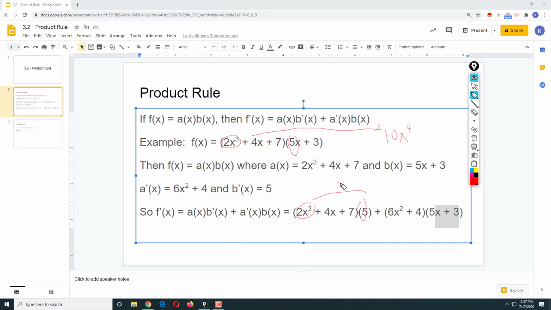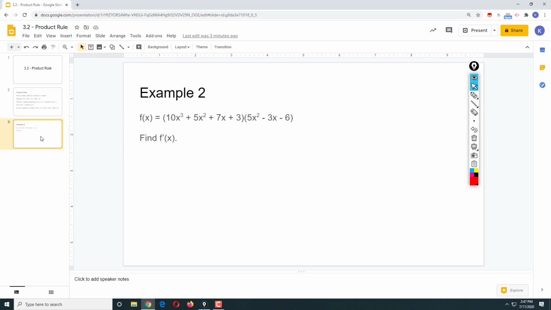We have 10x cubed here, and then more over here. And that makes sense because 10x to the 4th, if we take the derivative, is going to be 40x cubed. Here we have 10x cubed over here. Here we have 30x cubed. Add them up and you get 40x cubed. Okay.